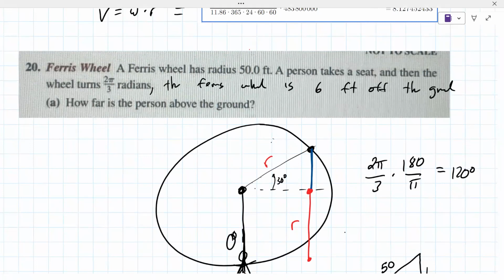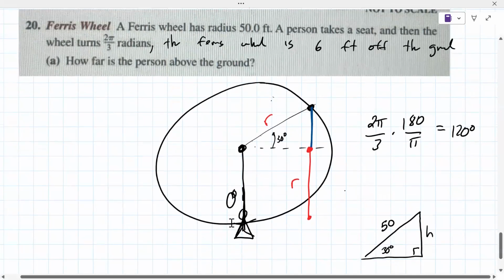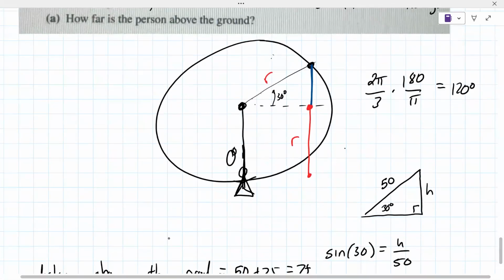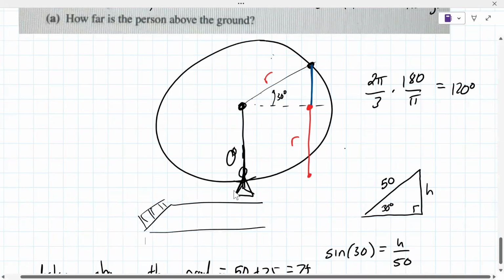And the reason that's important is because that adds to the height of the person above the ground. Like you don't get on a Ferris wheel exactly at the ground. You always walk up a little platform with some stairs, the railing, right? The Ferris wheel appears to be at ground level, but you actually are already above the ground.